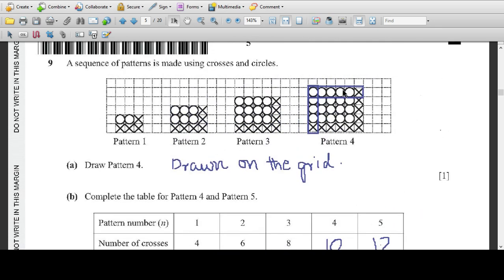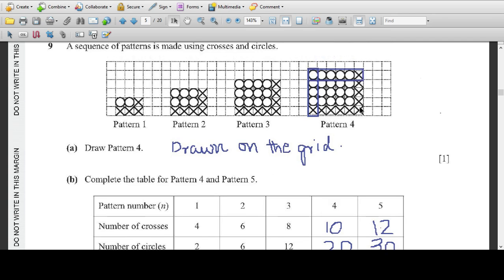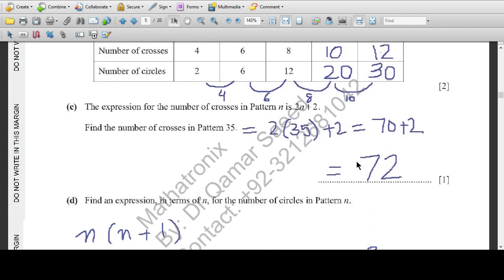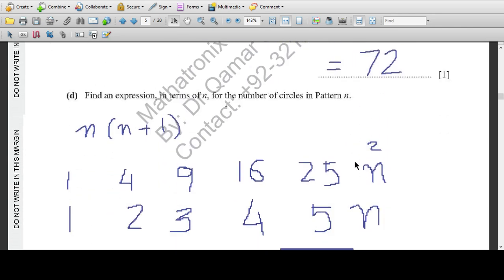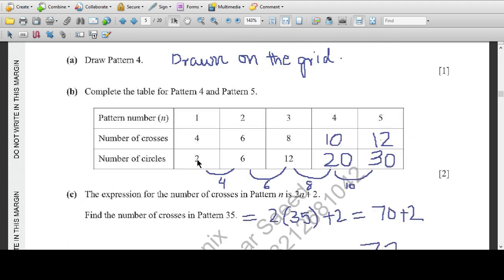If we consider n number of patterns, we have to write down the expression for these n patterns. For these circles, if we write 1, we see a difference of 2, then a difference of 4.